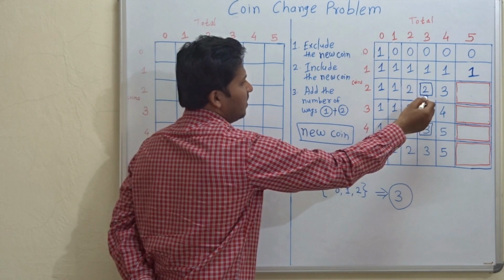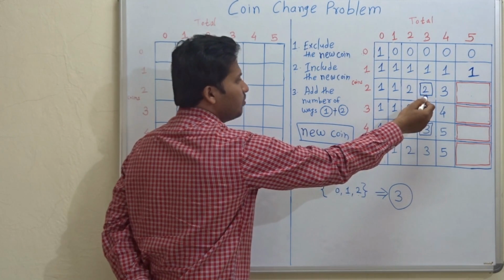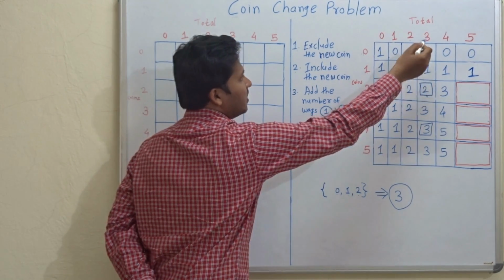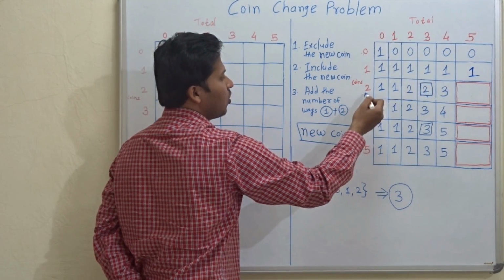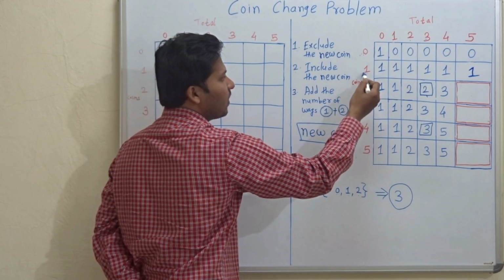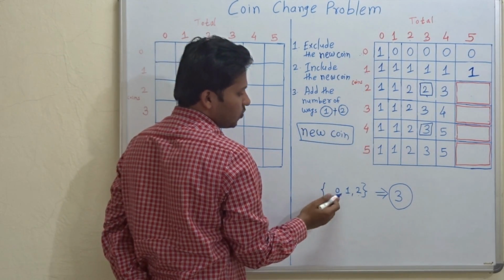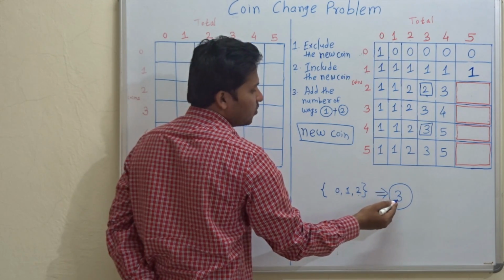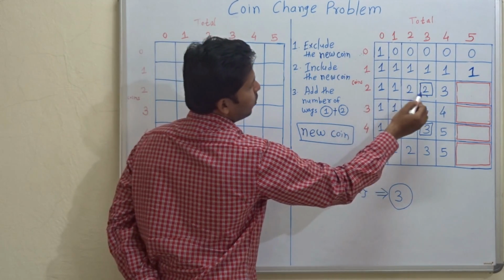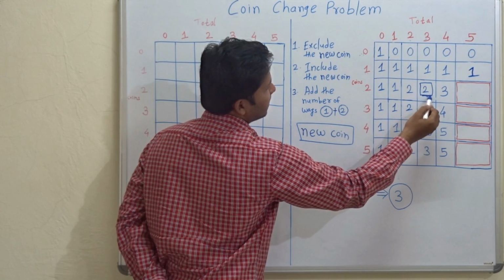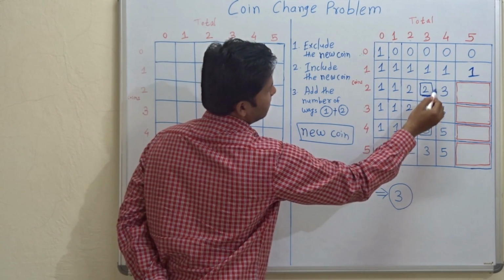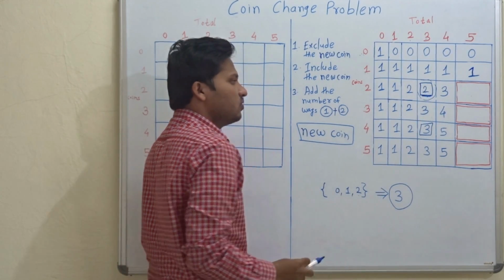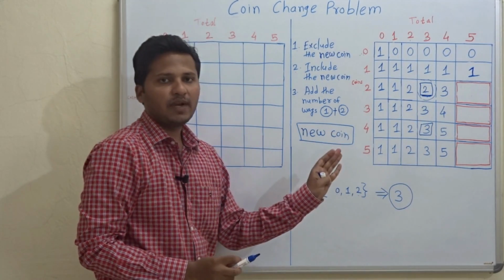This cell represents the number of ways to make a total of 3 by using coins of denomination 0, 1 and 2. So by using coins of denomination 0, 1, 2 to make a total of 3, the number of ways is present in this cell. So the number of ways is 2.